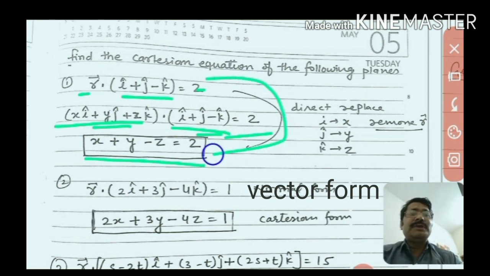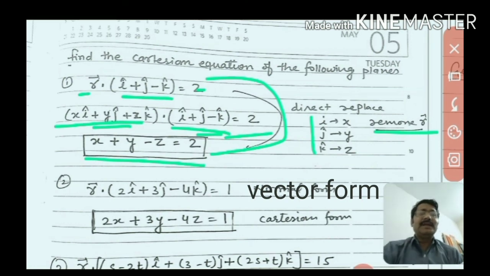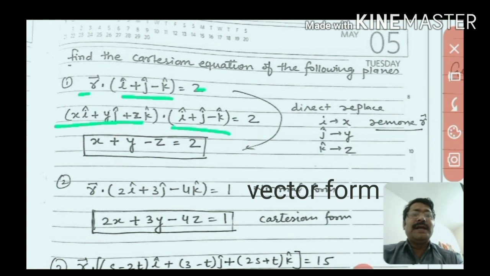If you understand how to change this, in place of i j k you can write x y z, and you remove the r dot. So what we get here is x plus y minus z equal to 2. For the second question we will do the direct method.